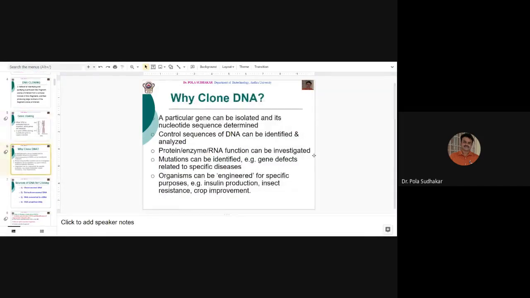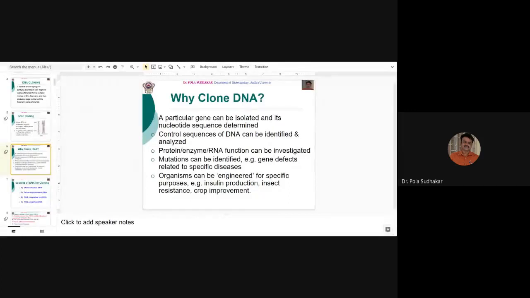Then why DNA cloning? For genetic engineering and rDNA technology, we need DNA cloning. Not only for genetic engineering or rDNA purposes, the cloning of DNA can also be useful in many aspects.